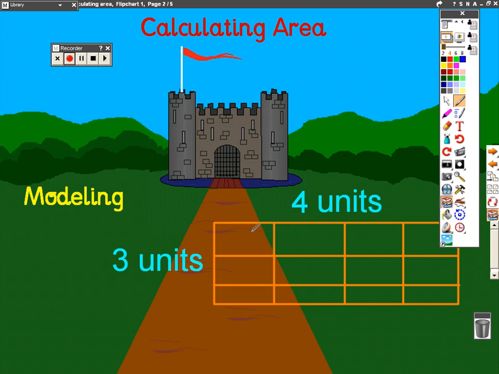So I've got 1, 2, 3, 4, 5, 6, 7, 8, 9, 10, 11, 12. So my answer is 12 square units.